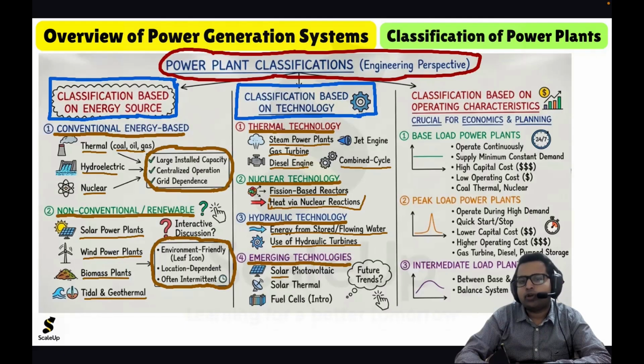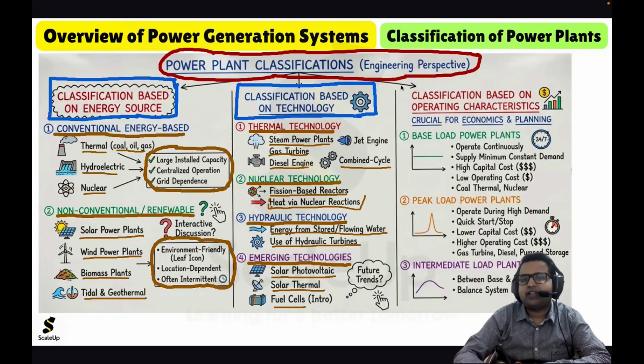So we have solar photovoltaic power plants based on solar photovoltaic technology, solar thermal, fuel cells. These are the future trends. Now we have power plants which are powered by fuel cells. So these are the classification of power plants based on the technology.